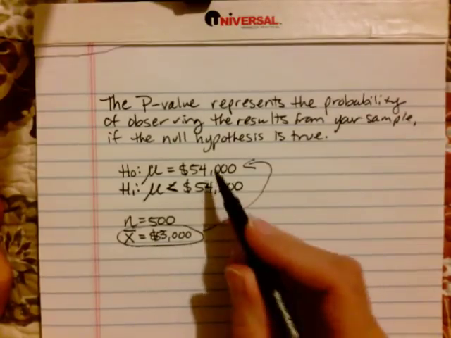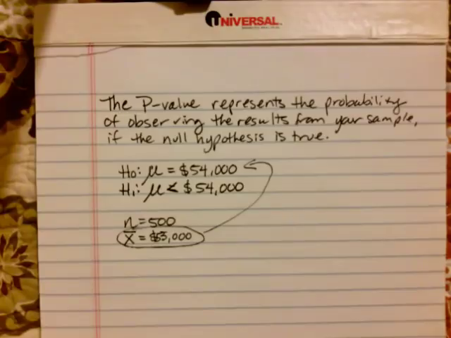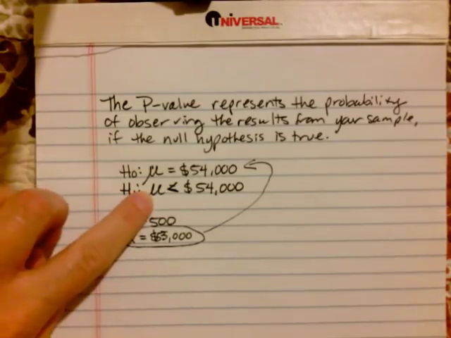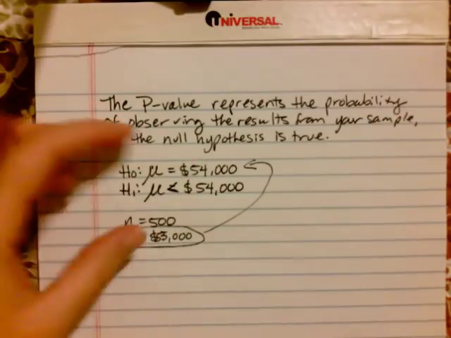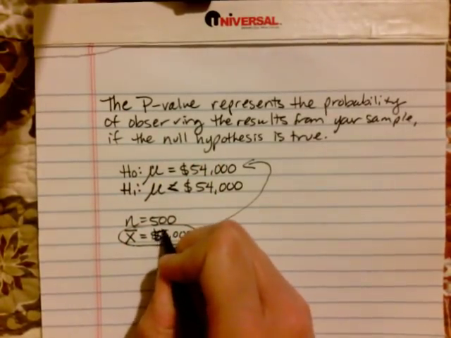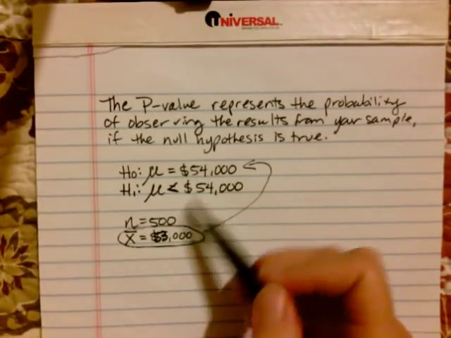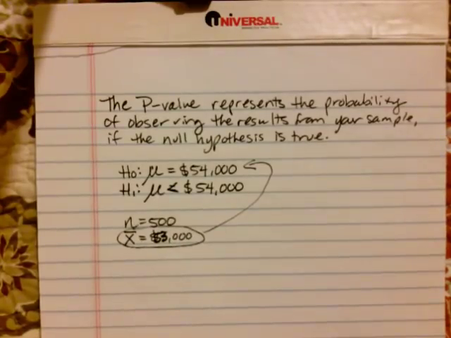Is 53,000 far enough below 54,000 to make you think that the actual true population annual household income has dropped below 54,000? Now at 53,000, we probably wouldn't be very swayed by that, right? There is some natural variation from sample to sample. Those values are pretty close. That could just be because of the 500 households that were included in the sample. So maybe that's not persuasive.